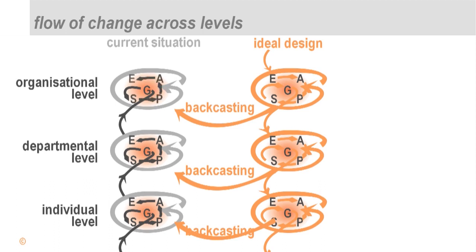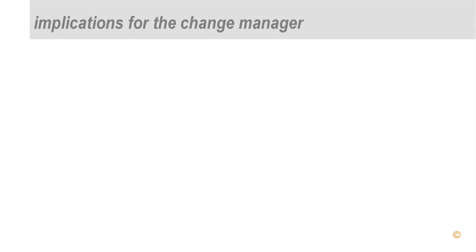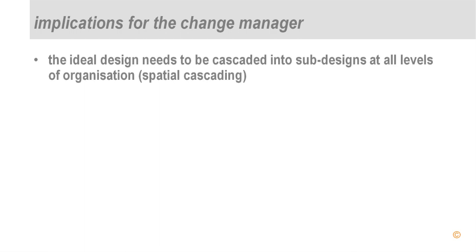So from the perspective of a change manager, the implications are that the change manager needs to facilitate the ideal design, so that it is cascaded into sub-designs at all levels in the organization. This is done through spatial cascading.